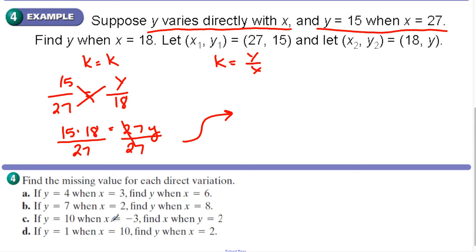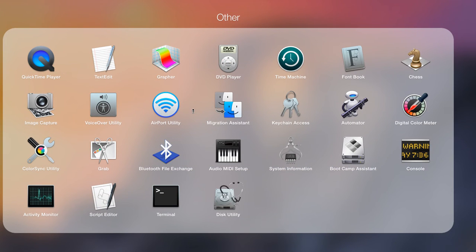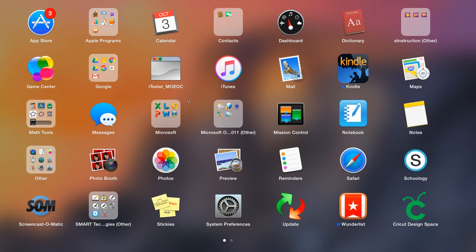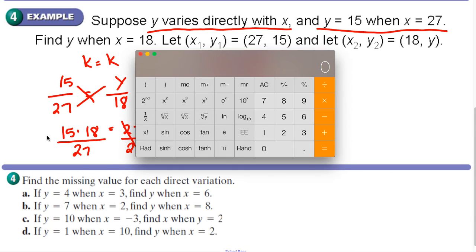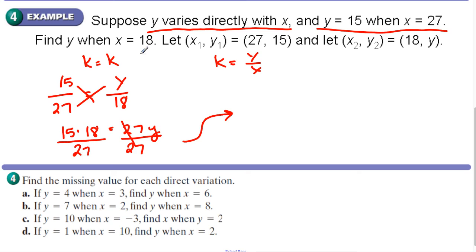But I think you've got 10. But double checking just to be on the safe side, 15 times 18 equals, yeah, that's 10. So our missing element, y, equals 10. And that is your answer.